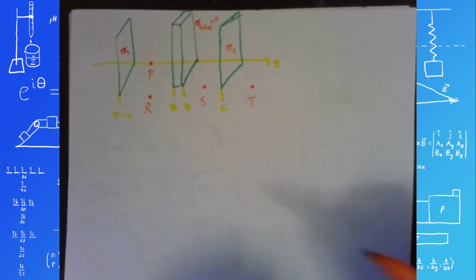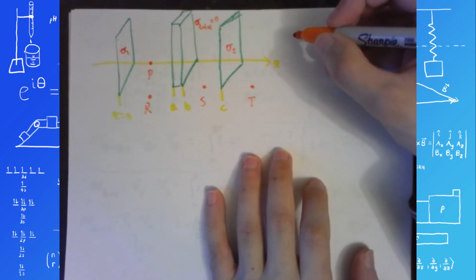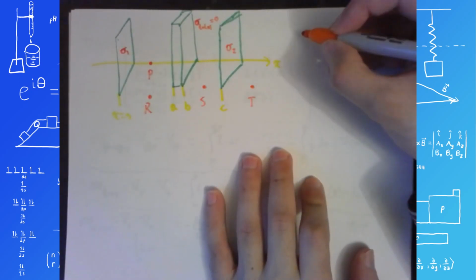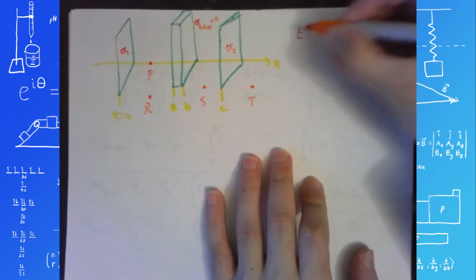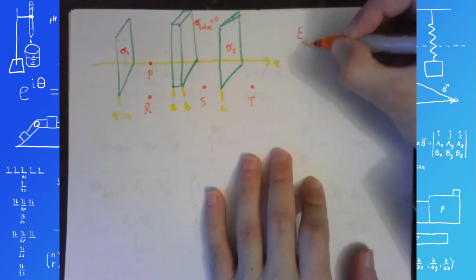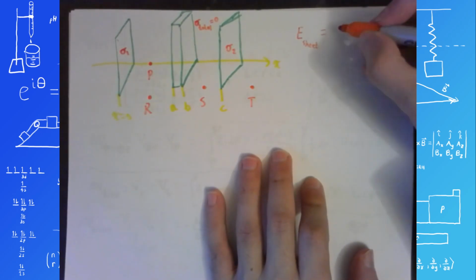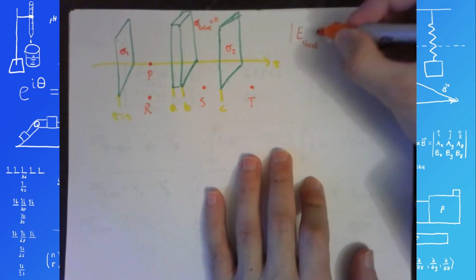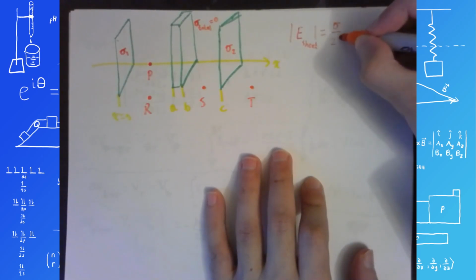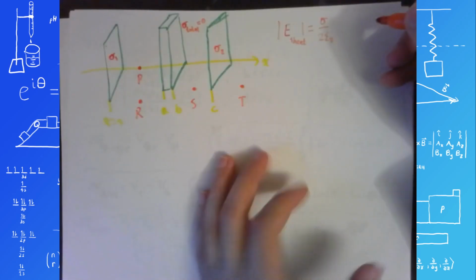You might remember for an infinite sheet of charge with surface charge density sigma that the electric field is just going to be perpendicular to that sheet, and it's going to have a magnitude of sigma over 2 epsilon naught.